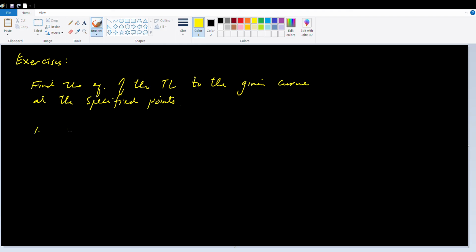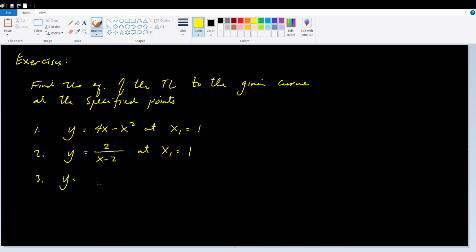So the first one is y equal to 4x minus x squared at x1 equal to 1. Then 2, y equal to 2 over x minus 2 at x1 equal to 1 also. Then 3, y equal to the square root of x at x equal to 4.